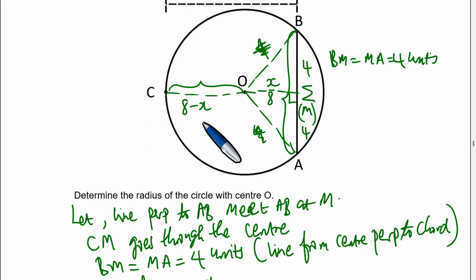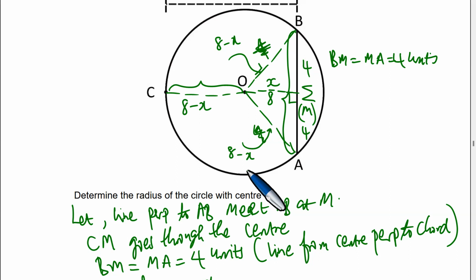So we can use the fact here that the radius is 8 minus X, and here the radius is also 8 minus X.